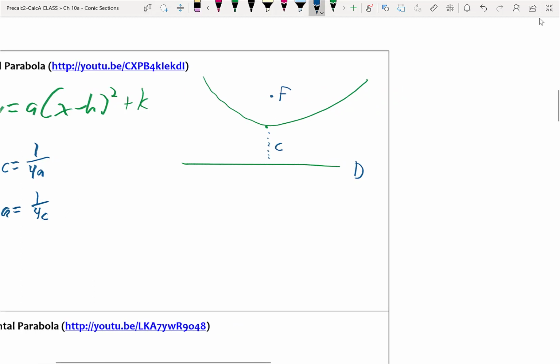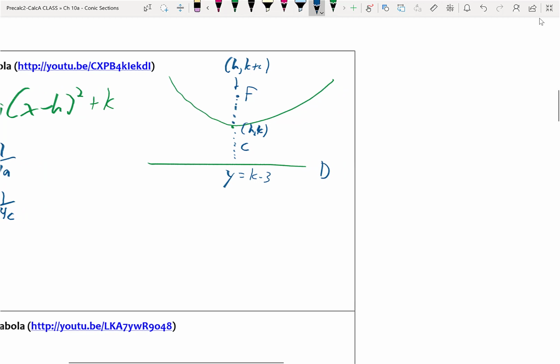Now the proof for why that is has to do with a way that we can use the definition of a parabola to derive its formula. If I call this point right here (h, k), which I know is the vertex of a parabola, and I define this distance here to be c, then I know that this point is (h, k plus c), and this equation is y equals k minus c.